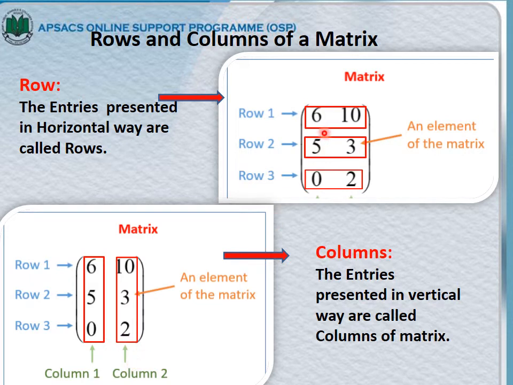As in the previous example, how many rows were there? 3 rows. But how many columns are there? There are 2 columns, column 1, column 2. So keep it in your mind that rows are the horizontal entries and columns are the vertical entries in a matrix.